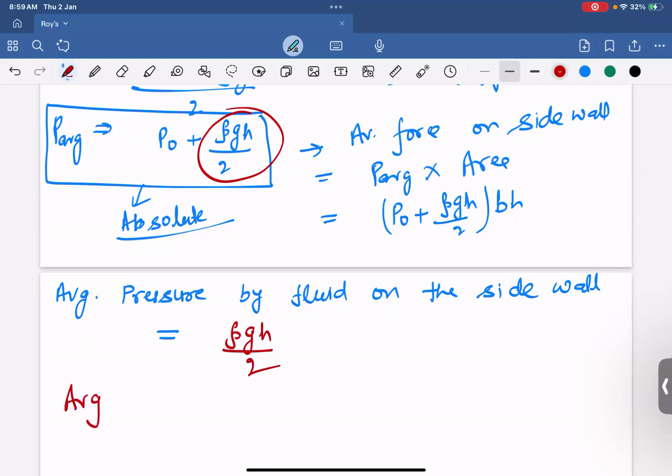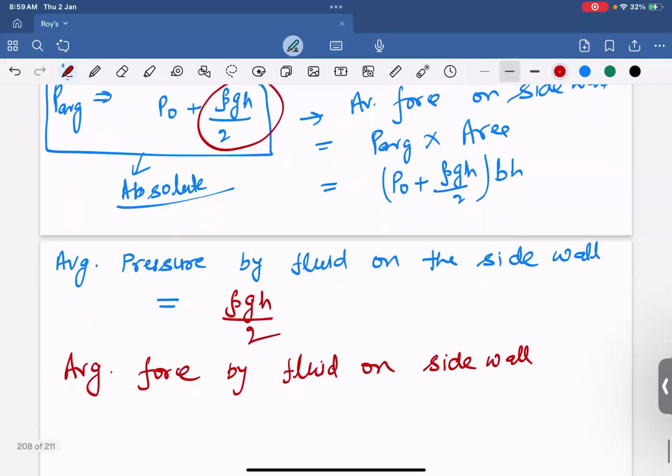And you can also write the average force by fluid on the side wall. Then you multiply with the area, that is rho g h by 2 multiplied by b into h.